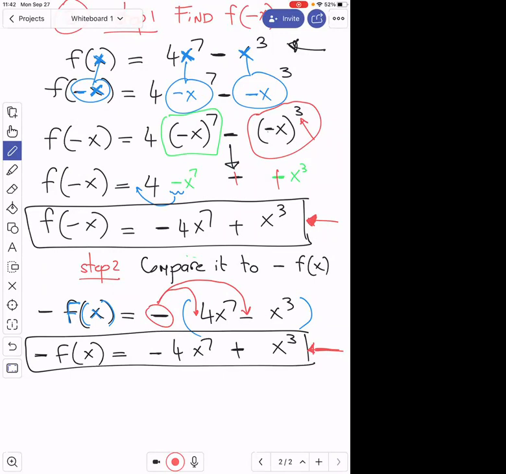Matthew, why do we distribute the negative for each? Are you talking about the f of minus x or minus f of x? What I do with f of minus x is distribute the negative to each x.